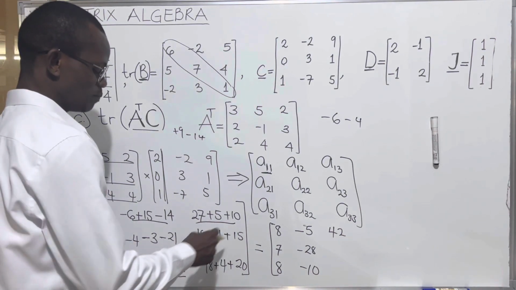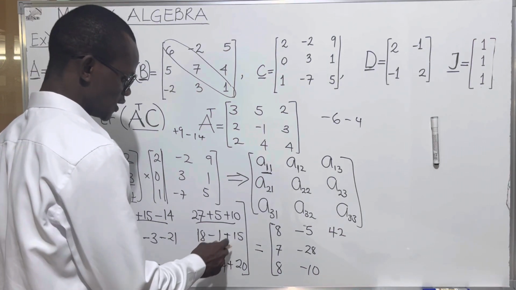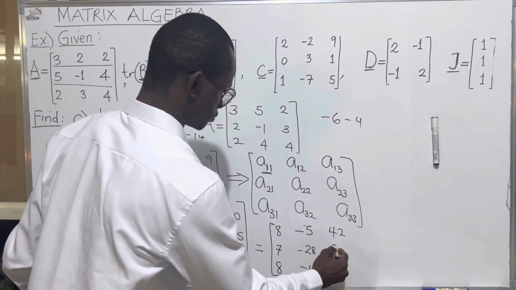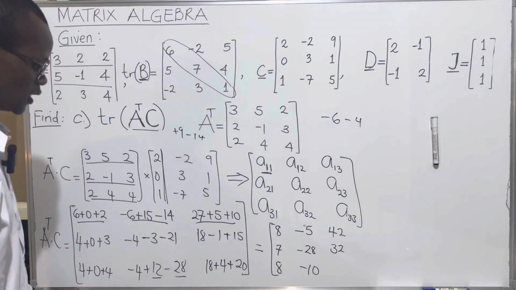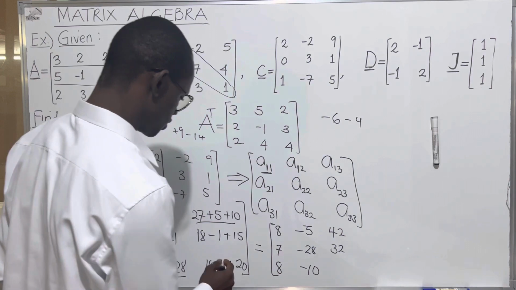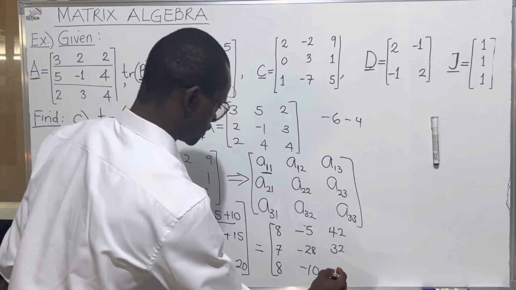So now it's 17 plus this one, 20, so you have 37. Then 18 plus 20 is 38. 38 plus 4 is now 42.